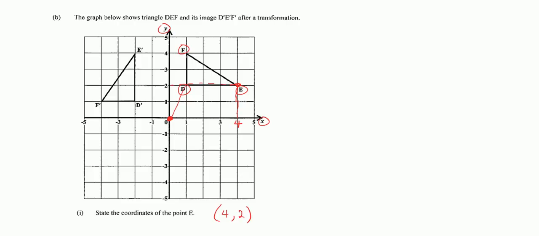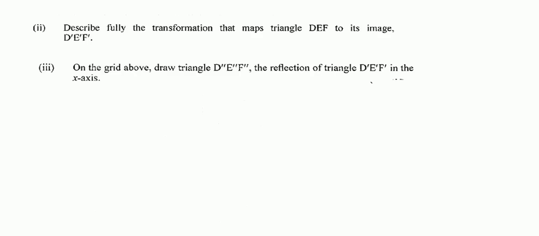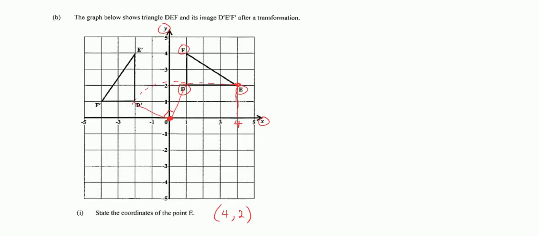So when I say rotate, I'm going to do this. Right? To get D prime. And this will be my angle of rotation here, which will be 90 degrees. Right? So when they say describe fully the transformation, this is what we need to say.